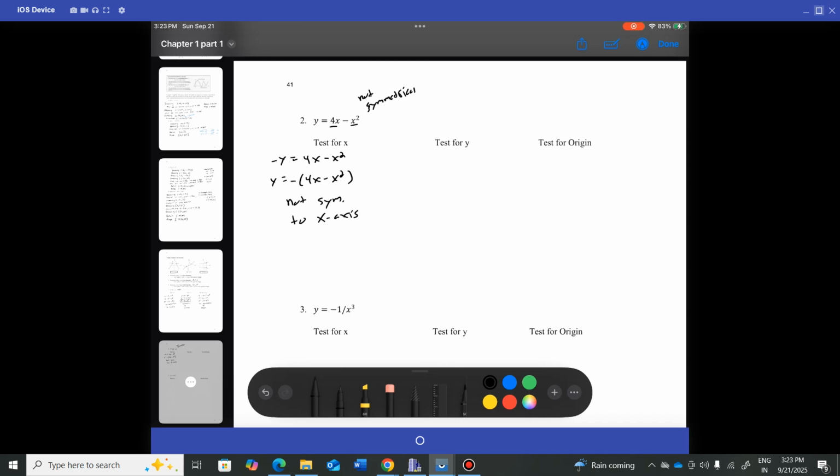For y, we let x be negative. And so we end up with negative 4x minus negative x cubed, so negative 4x plus x cubed. This is not the same function, so not symmetrical to the y-axis. And test for the origin.